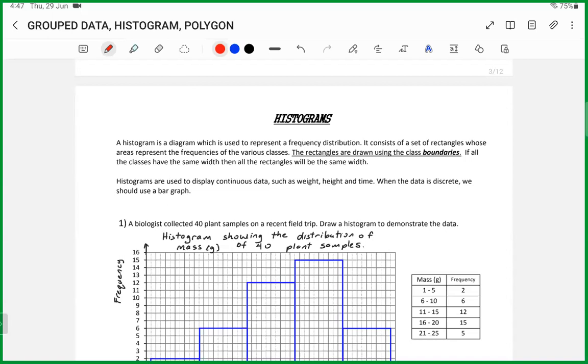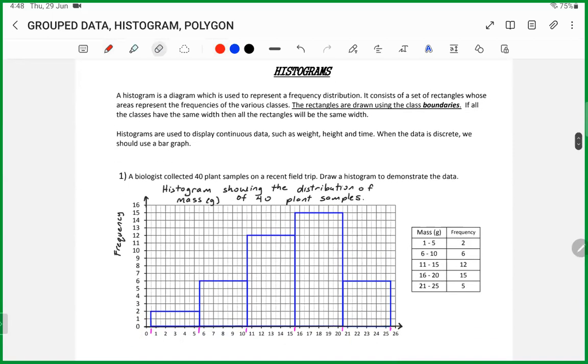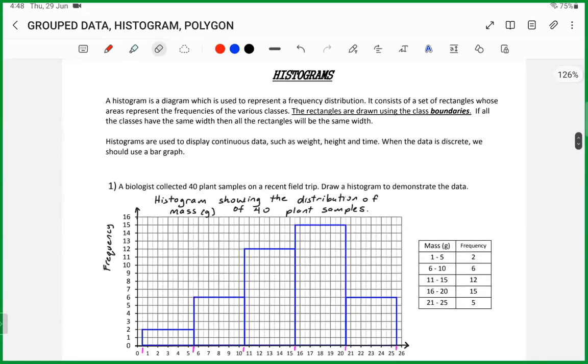In a histogram, you never draw the rectangles spaced apart. You would never see a histogram like that. In a histogram, the bars always flow together. Why is that? Because a histogram always displays continuous data, so there isn't really a gap. If you're looking at masses, it's continuous.